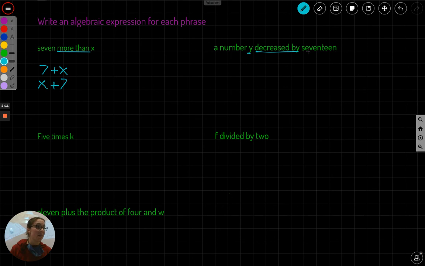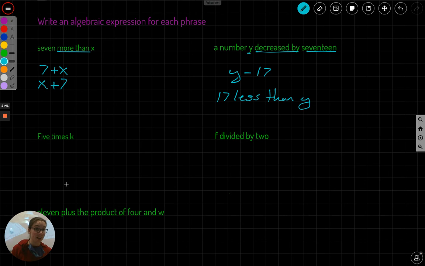Y is being decreased by 17, which means this is going to be y minus 17. It cannot be 17 minus y because I am not decreasing 17 by y. I am decreasing y by 17. Another way I could write this would be 17 less than y.